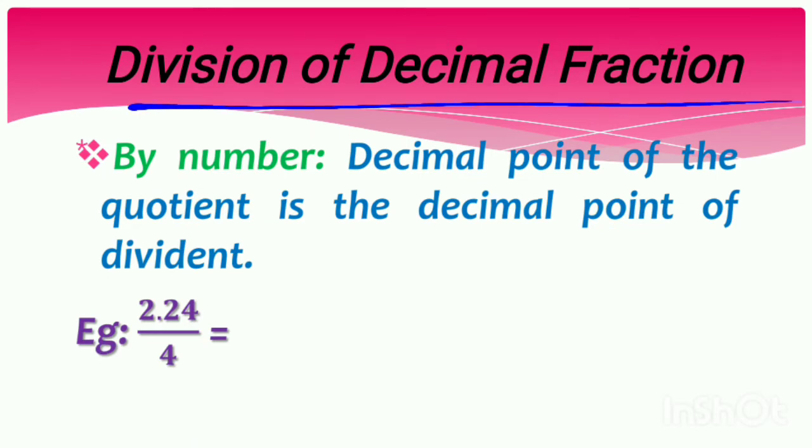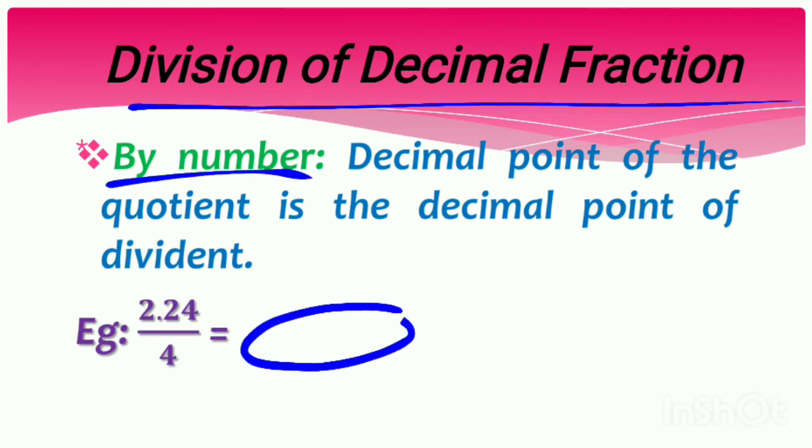Next, division of decimal fractions by a number. When a decimal number is divided by some whole number or normal number, we will get one quotient, right? In that we have to keep the decimal point following the numerator. Here, 2.24 divided by 4.